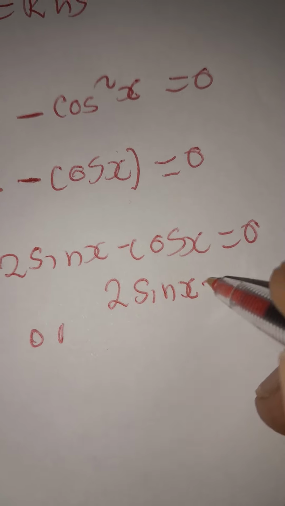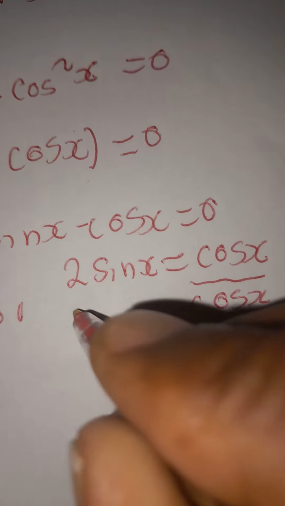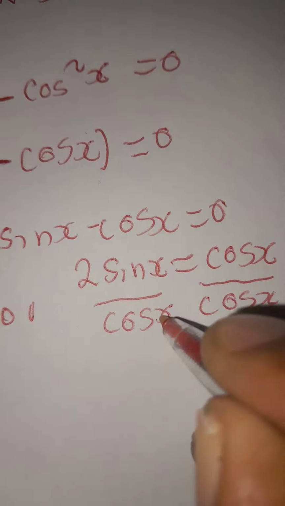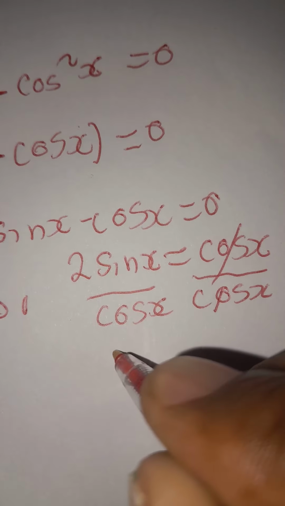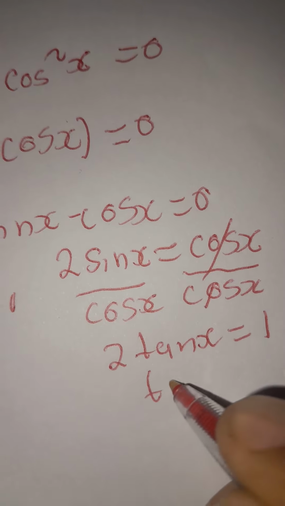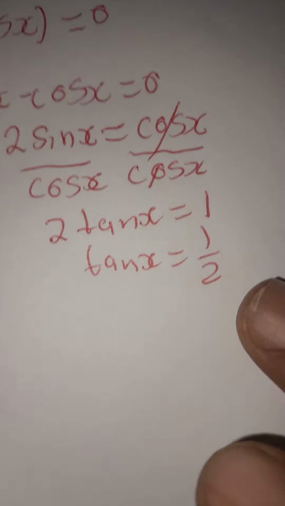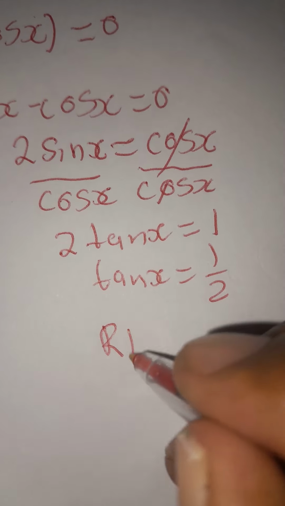So it's going to be 2 sine x equals cos x. Remember, when you're having such a type of general solution, divide both sides by cos to form a quotient identity, which will be tan. So this will be 2 tan x, which will be equated to 1. Divide both sides by 2. Tan x will be half.